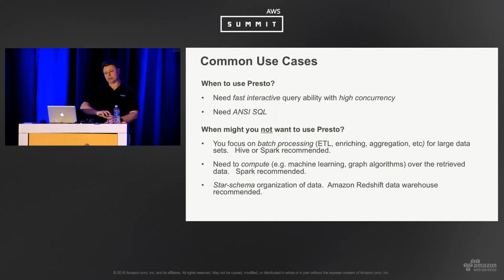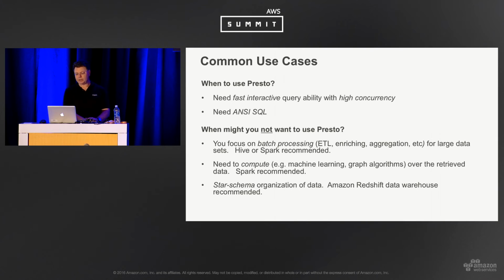If you actually want to compute over the data, things like machine learning and doing other algorithms like graph algorithms, then Spark is probably the best bet there. Spark with Spark SQL can interface with data stores declared in Hive, for example, but it has a whole bunch of libraries and modules for doing machine learning and other computation.